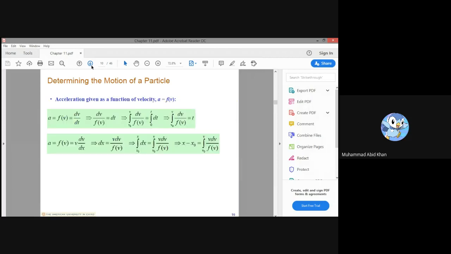Determining the motion of a particle: acceleration given as a function of velocity, a is equal to a function of v, and the derivatives and integration are here. You can get this information from here by yourself.